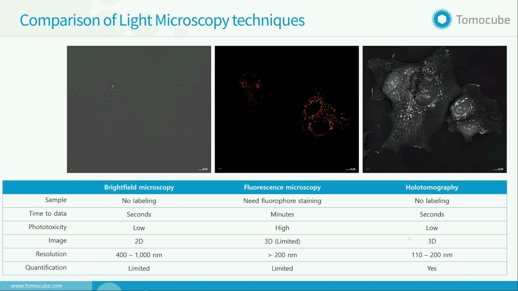We also provide 3D, even though I only show the 2D section in this slide, but I will show you other 3D data in the following slides. Resolution goes down to 110 nanometers for our first generation machine, and 150 nanometers for our second generation machine.